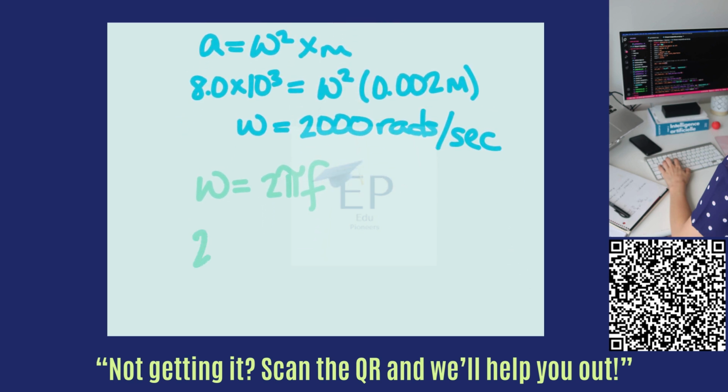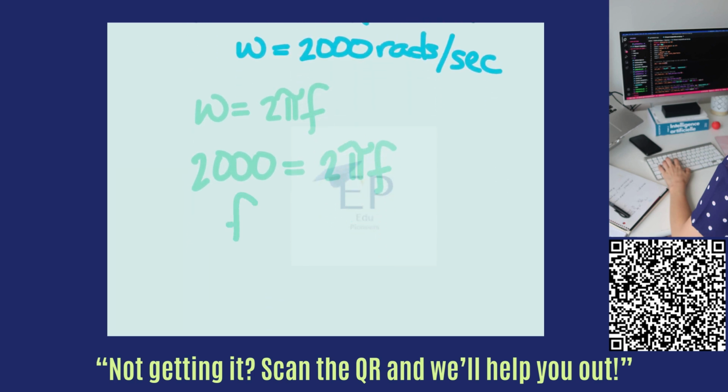Now that we have omega, since omega equals 2 pi times the frequency, we can substitute that in, so 2,000 rads per second equals 2 pi times the frequency, and we find out that our frequency ends up equaling 318 hertz. Now that is useful, but we want the period, not the frequency.